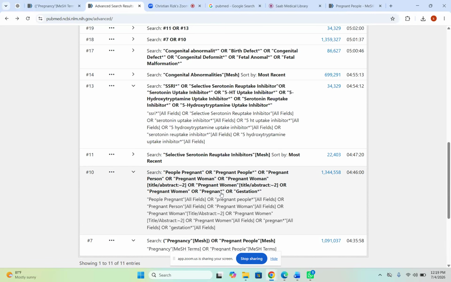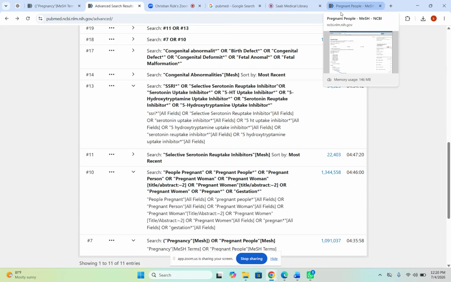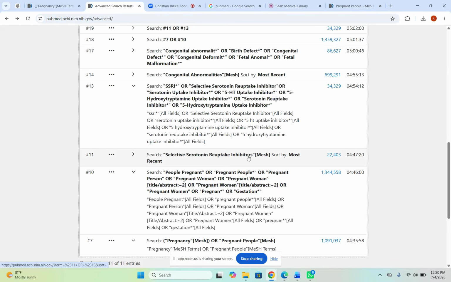It could be pregnant, pregnancy. The same goes for gestation. It could be gestational, gestations, and so on. We did the same for the second concept, which is selective serotonin reuptake inhibitors. We went to the MeSH database and searched for the MeSH terms, which are shown here on the screen.